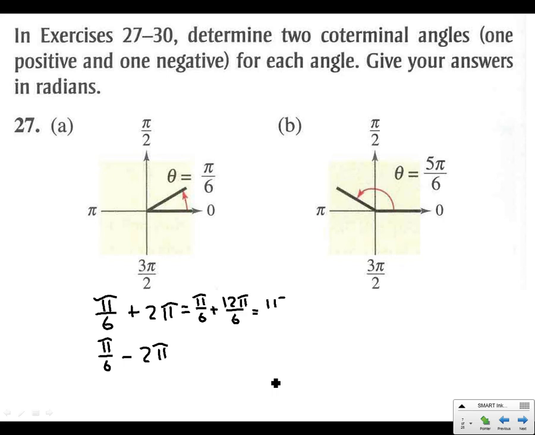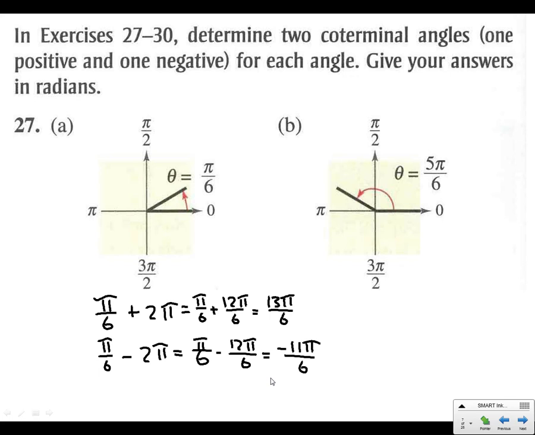So we get 13 pi over 6. And then here we've got pi over 6 minus 12 pi over 6. So we'll end up with negative 11 pi over 6.